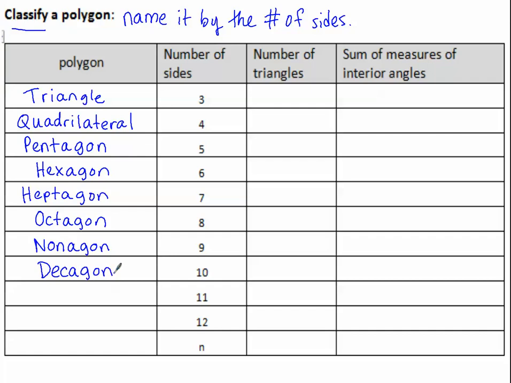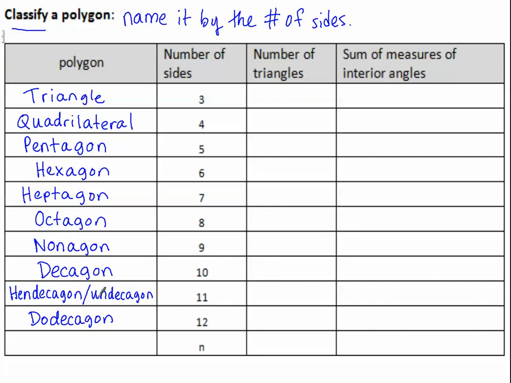Decagon is a 10-sided polygon. 11 sides can either be a hendecagon or undecagon. 12 sides is a dodecagon. So 2 sides added to a decagon, kind of like how 11 is hendecagon. Hen is a prefix for 1. Un is a prefix for 1.